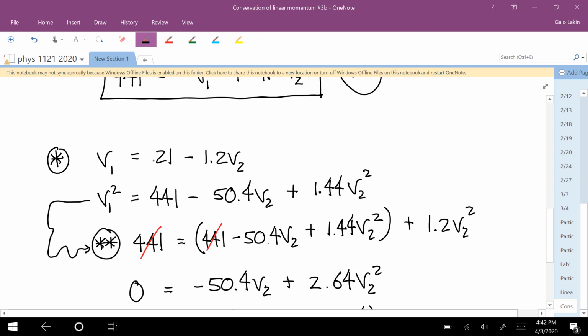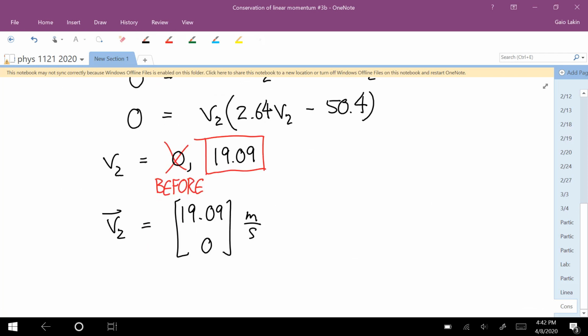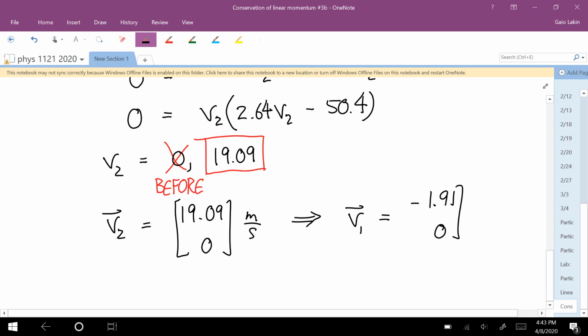So 21 minus 1.2 times 19.09. V1's velocity then is negative 1.908. So the velocity vector of the car that I drew on the left is negative 1.91, 0.